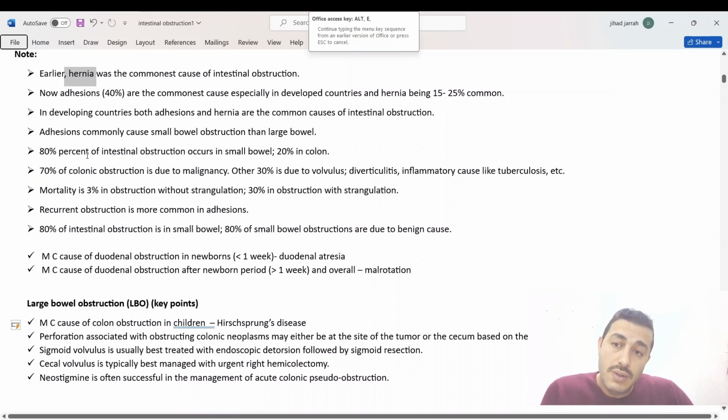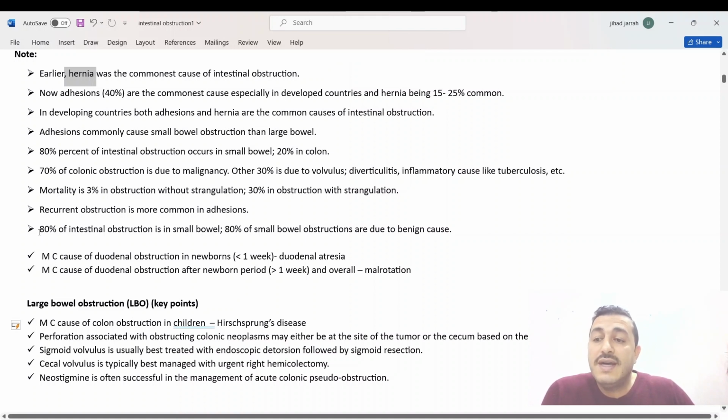And 80% of small bowel obstruction is usually due to a benign cause. If we are talking about colonic obstruction, 70% is due to malignancy. Actually, the most common cause of colonic obstruction is malignancy, cancer.